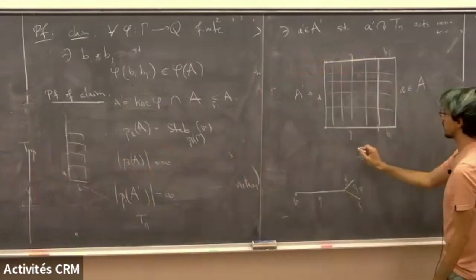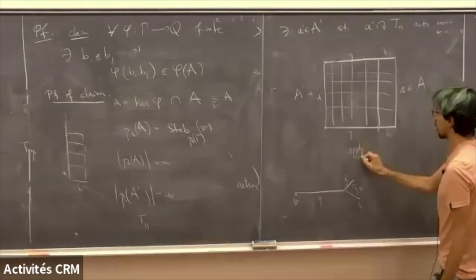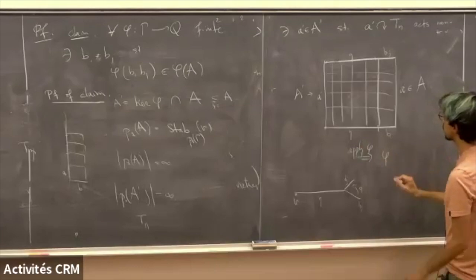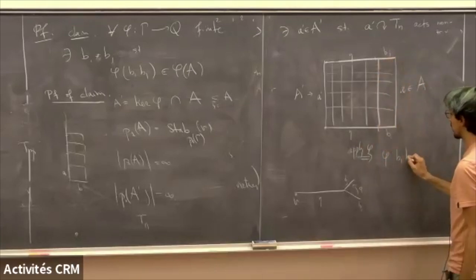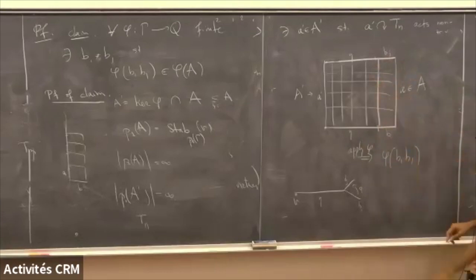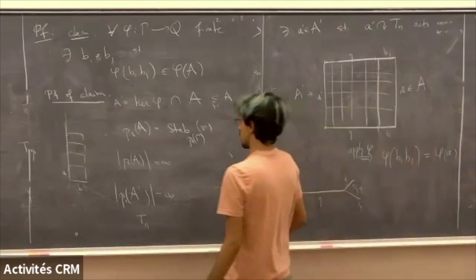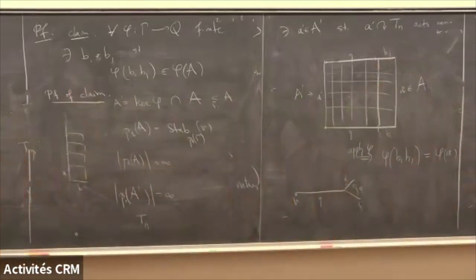So when you apply phi, you get that phi of bi bj, maybe there's an inverse, but they're all involutions so I don't care, is equal to phi of A. This is what we wanted. Okay, so we proved the claim.